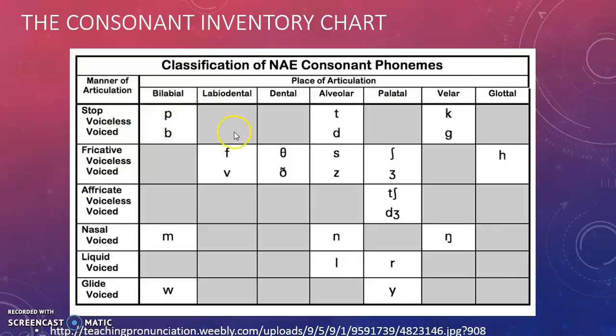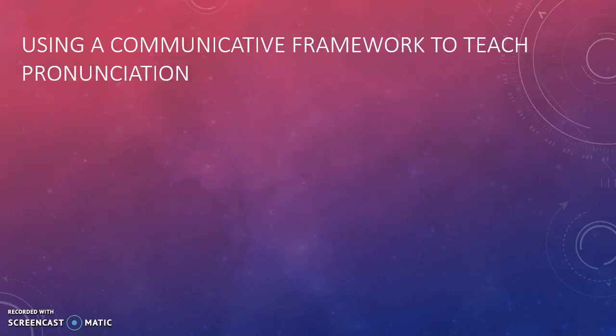So for example, if we took the sound of F, we're going to say that F is a fricative, labiodental, voiceless sound. So this chart works for having a clear and fast view of the classification of the different consonant phonemes.